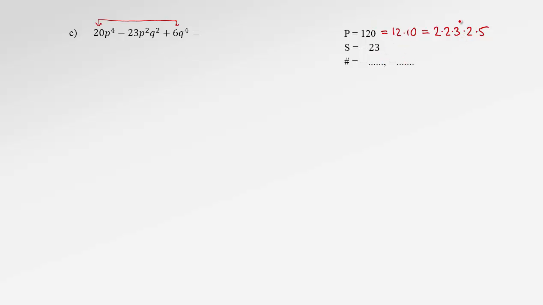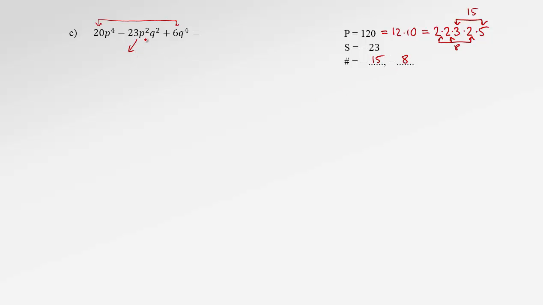So for example, if I group 3 and 5, making it 15, and the rest of it will make it 8, 15 and 8, well, they add up to 23, and obviously they multiply to 120 because all factors were exhausted. Okay, so we can use numbers negative 15 and negative 8.